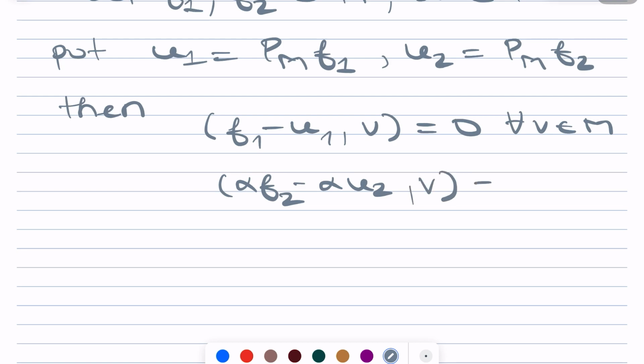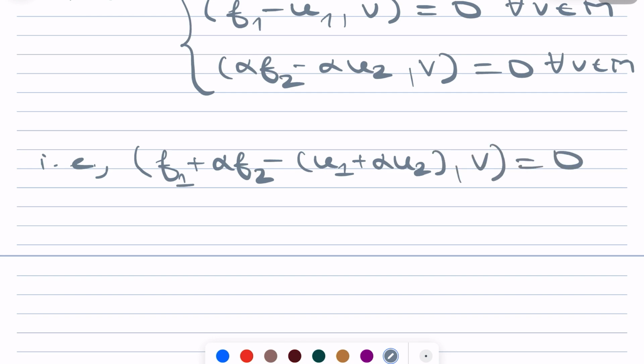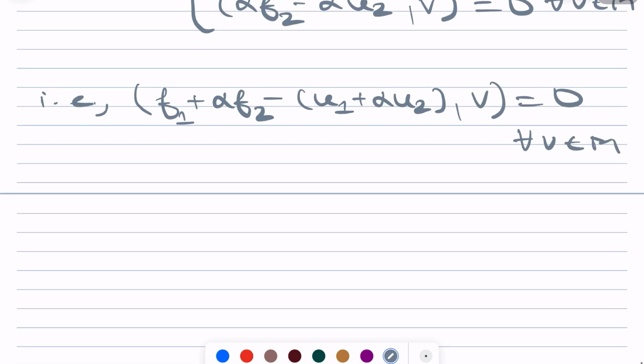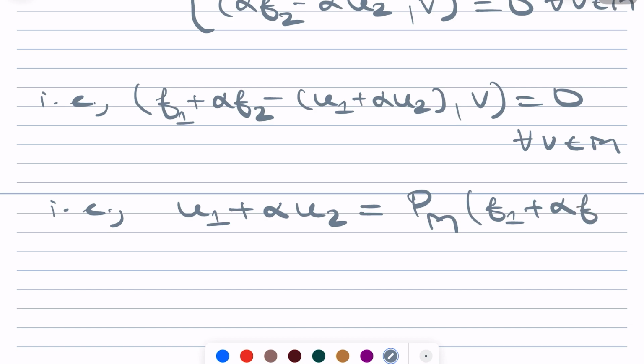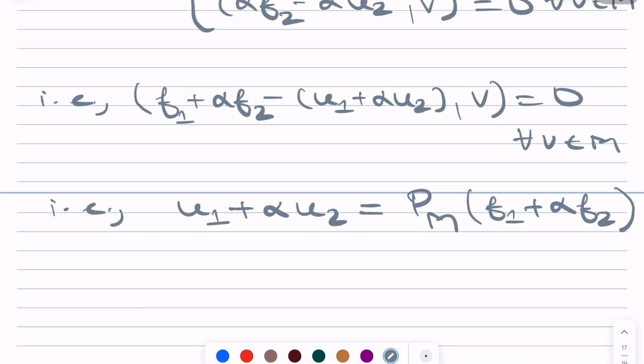This scalar product is 0 also for every v in M. So if you add everything up, you get that the scalar product of f1 plus alpha f2 minus u1 plus alpha u2 comma v is 0 for every v in M. But this is exactly the characterization of the orthogonal projection of f1 plus alpha f2 onto M. So u1 plus alpha u2 is exactly the projection onto M of f1 plus alpha f2, and this actually shows linearity, because remember, u1 is just the projection onto M of f1, and u2 the projection onto M of f2.